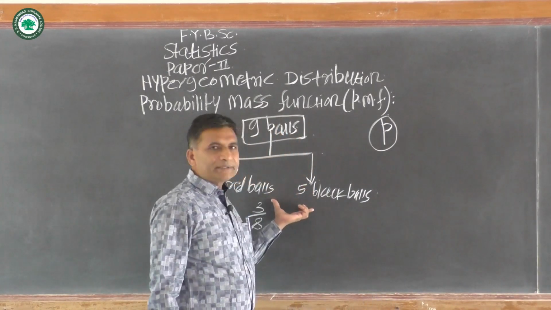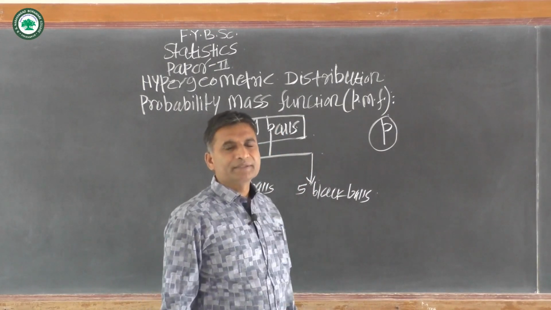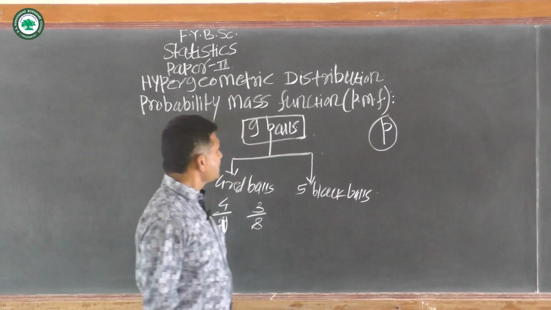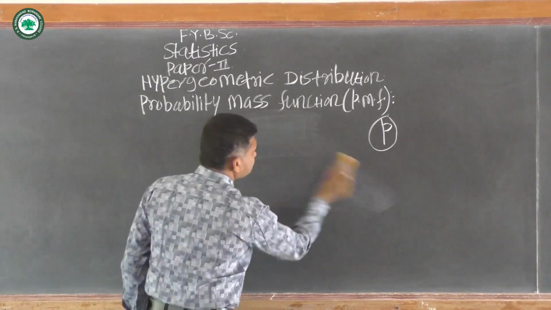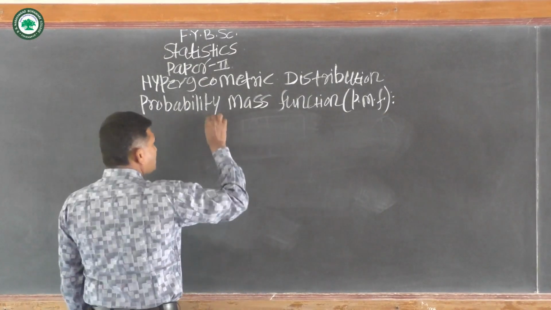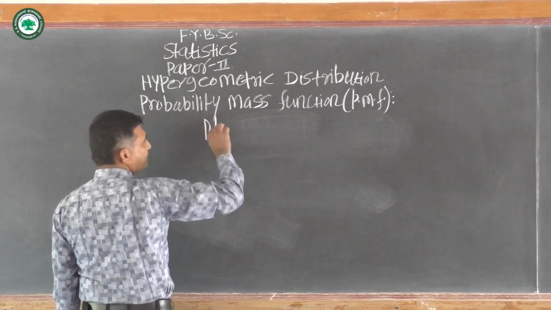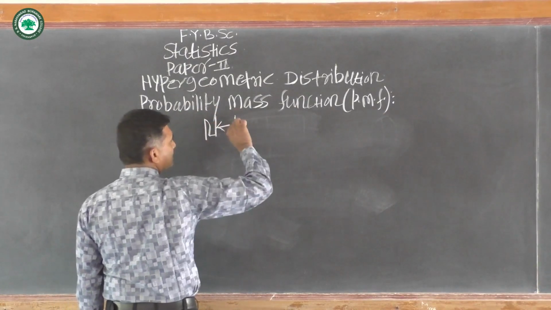In these situations, the hypergeometric distribution is used. Now again consider the situation. Suppose a bag contains capital N balls.